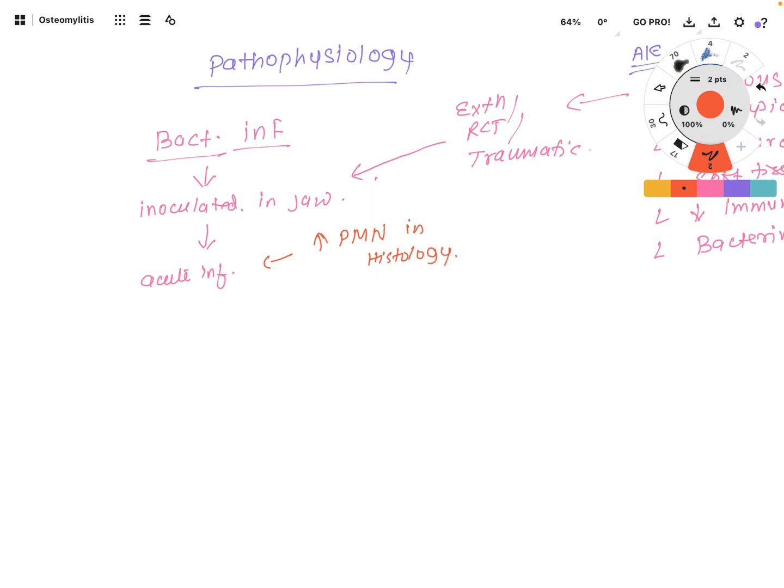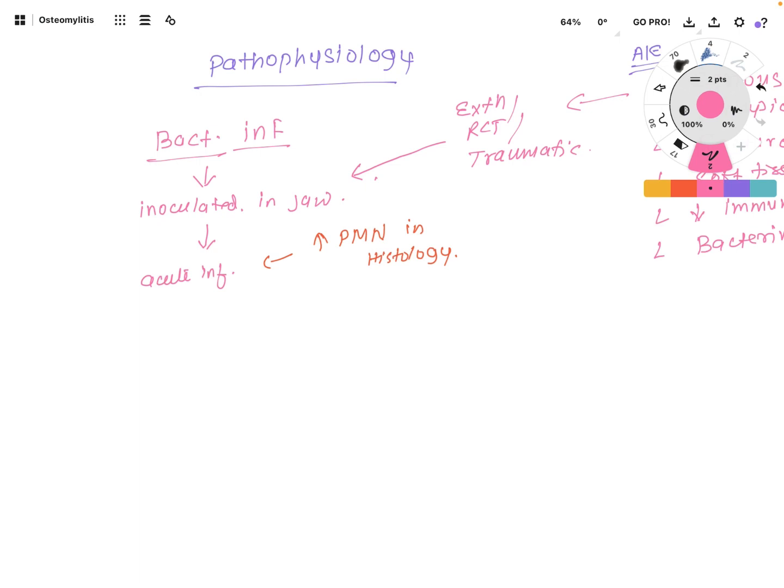So when you draw the histological diagram of osteomyelitis in the acute phase, you will have PMN, and in chronic phases, you will have leukocytes. If you want to draw the histology, it's very simple: just draw the bone and put a huge amount of PMN in there, correct? So there is acute infection.